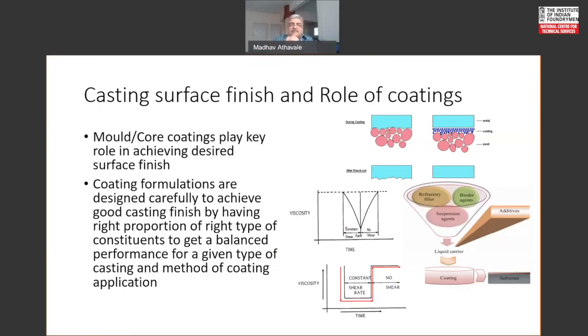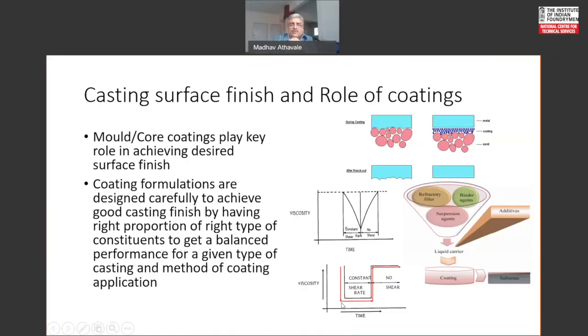While in another case of thixotropic behavior, the drop in the viscosity is very, very sharp on application of force onto the coating body, as in the case of dipping. To take a core and dip it into the coating tank, there will be a sharp drop in the viscosity, as you will see from the arrows here.